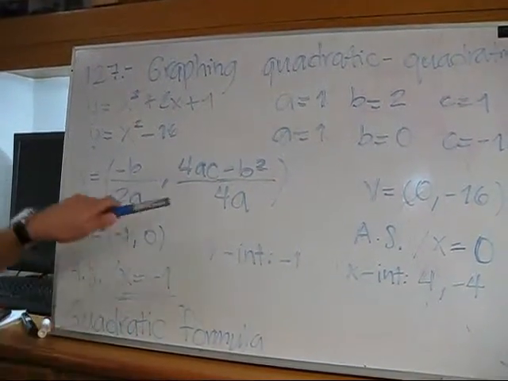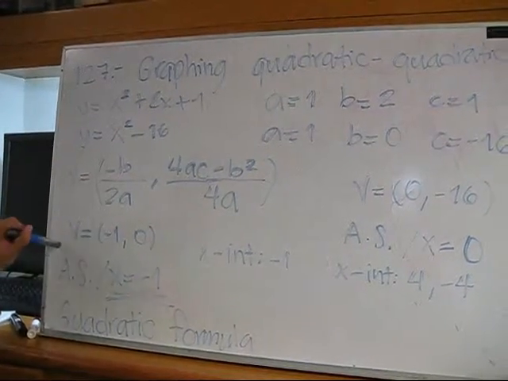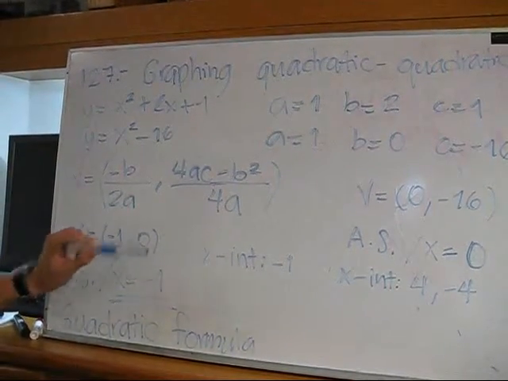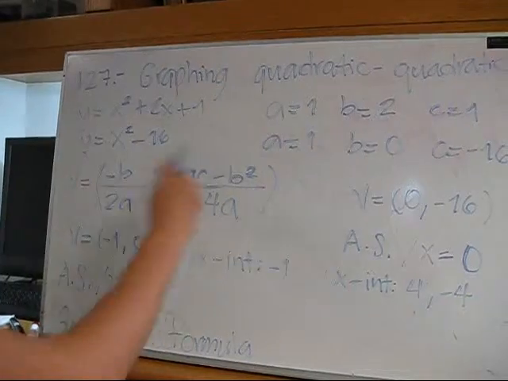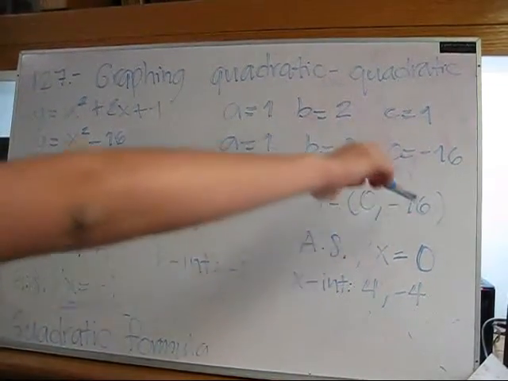You just substitute in the formula, and the vertex will be negative 1 comma 0. In the other one you do the same and the vertex will be 0 comma negative 16.